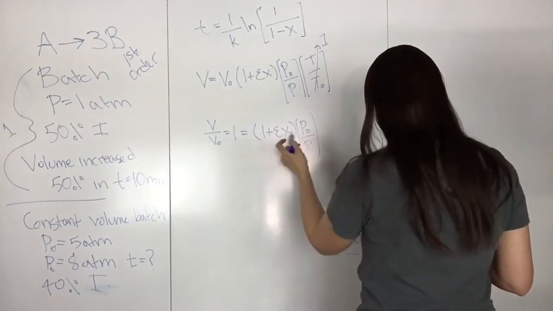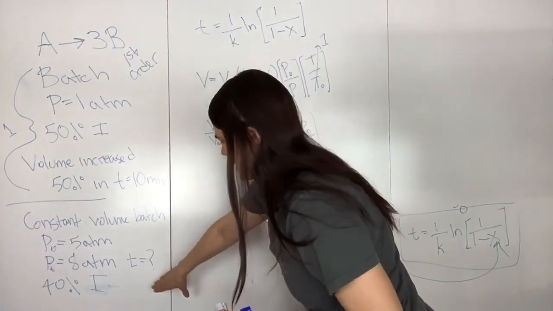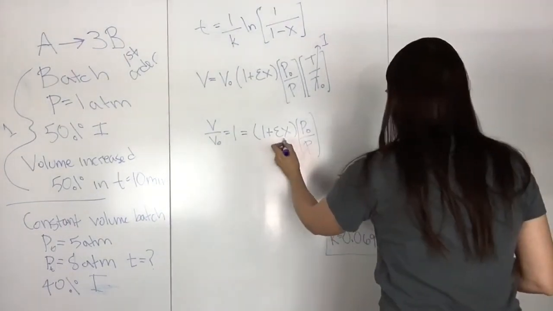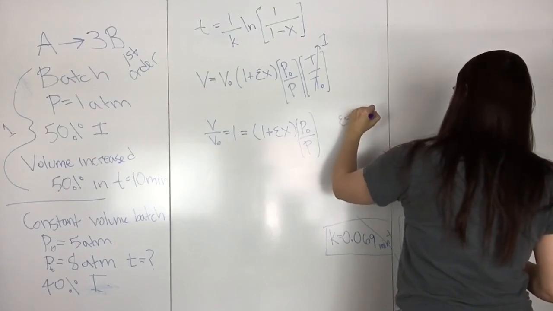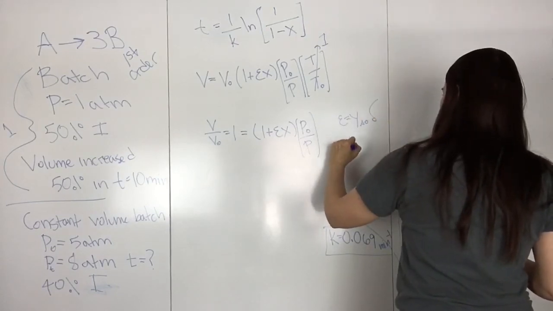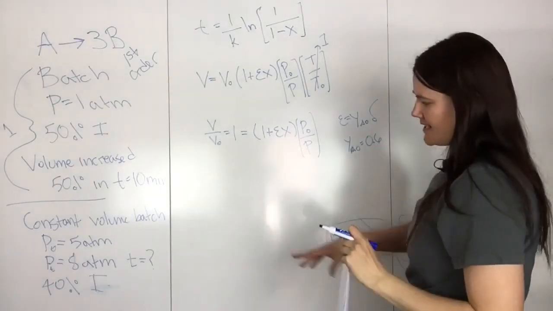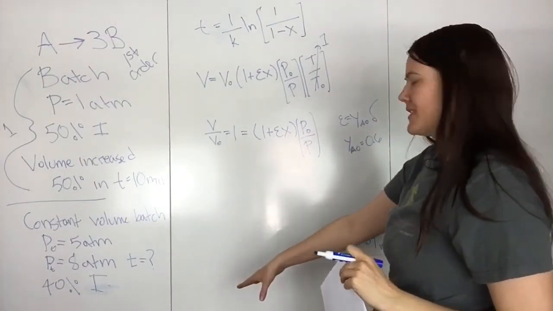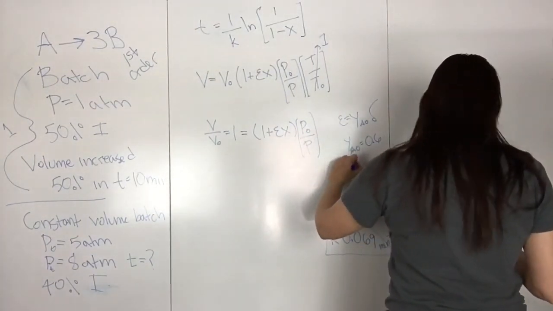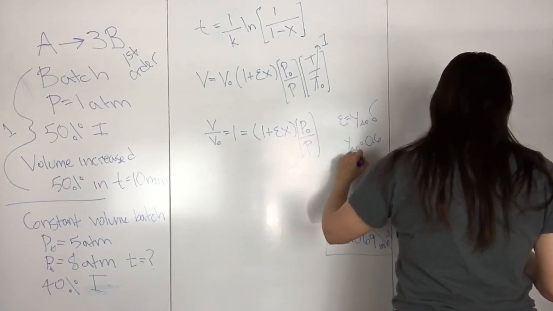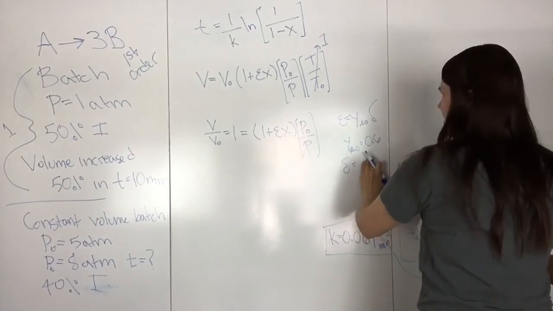So we need to figure out epsilon, because since we have 40% inerts this time, epsilon will be different. Just a reminder, epsilon is YA naught delta, and YA naught is equal to 0.6 in this case, because if you have 40% inerts, then you have to have 60% A. I already calculated delta as 2, but I'll do it again so you remember.